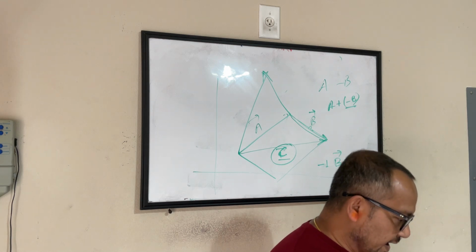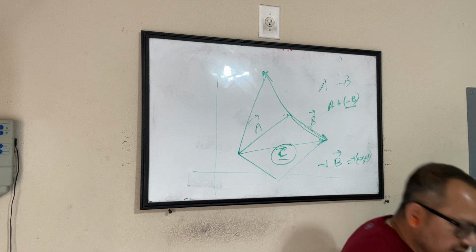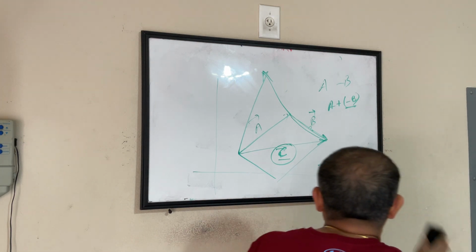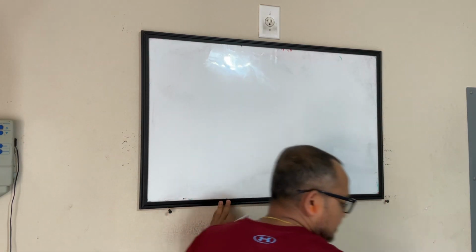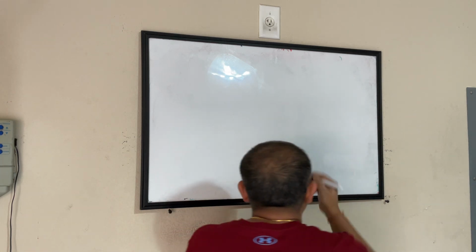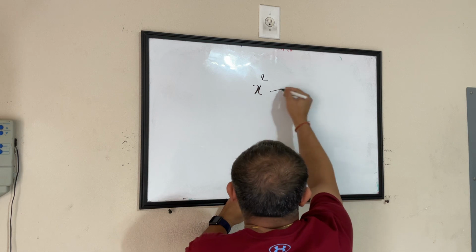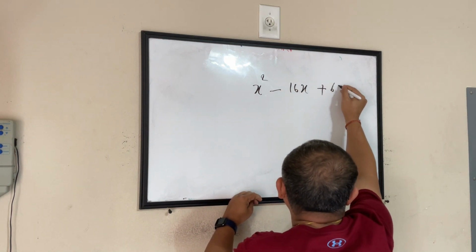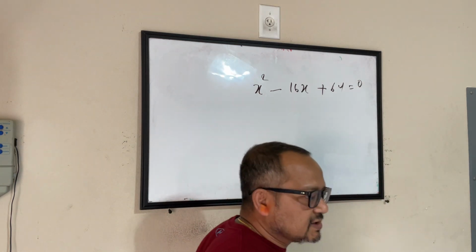I'm assuming everybody would be able to recall when we talk about solving any quadratic equation. If anybody says solve a quadratic equation to find the value of x, let's say my equation is x squared minus 16x plus 64 equals 0, solve it for x.